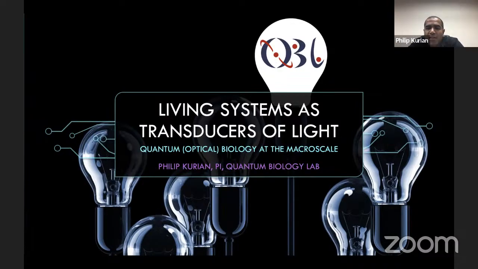As Lawrence mentioned, my name is Philip Kurian, and I'm principal investigator and founding director of the Quantum Biology Lab at Howard University in the U.S. Capitol. Today I'm going to give you a high-level overview and focus about quantum biology and its implications for understanding the computational capacity of living systems, and even pointing to the computational capacity of all matter in the observable universe.